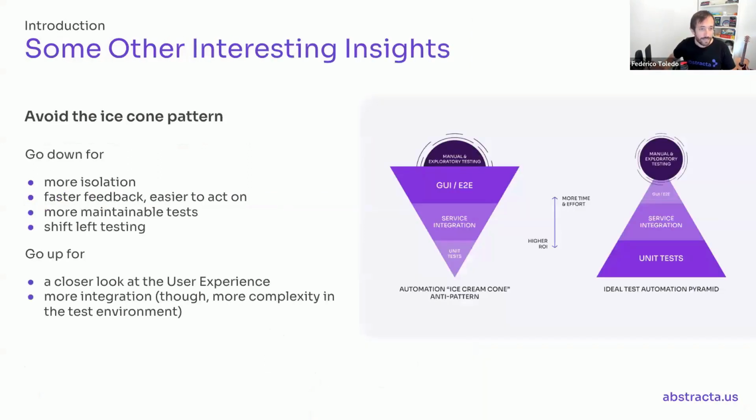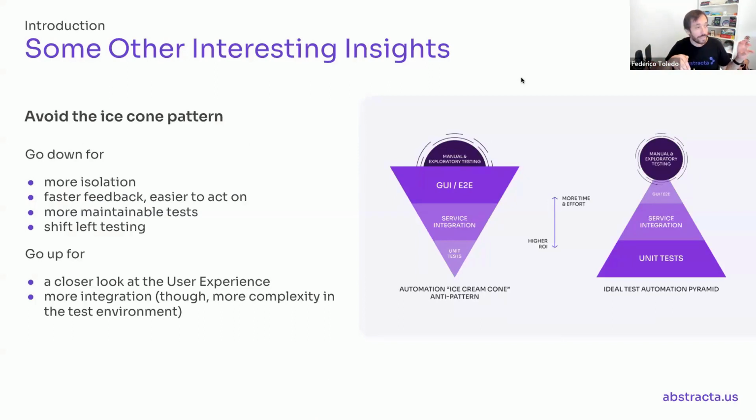Some other ideas that I think are important in order to understand what I'm going to present later for performance is that the automation pyramid also inspired another way of presenting it in another model, which is the ice-cream cone pattern, which is what most people follow.